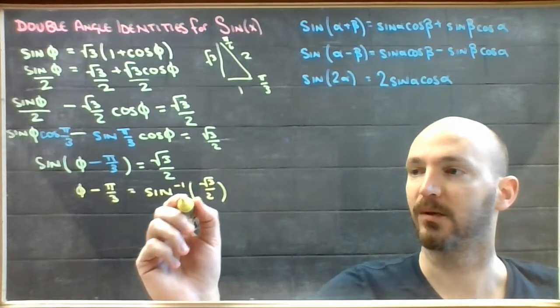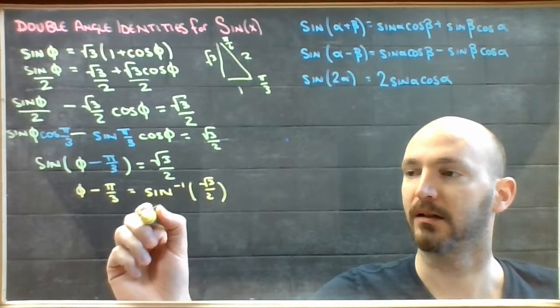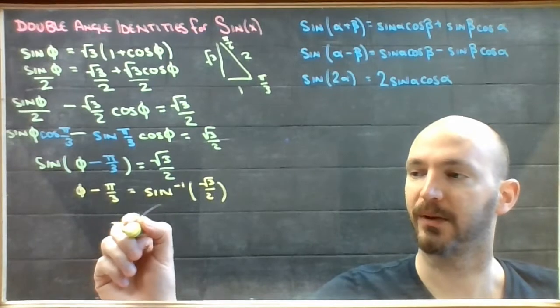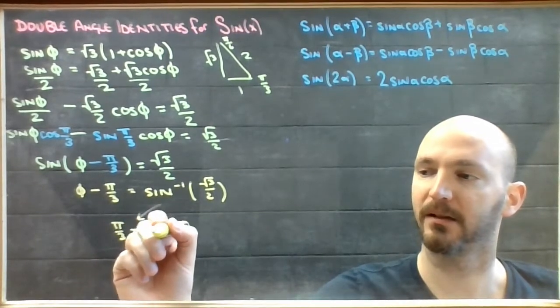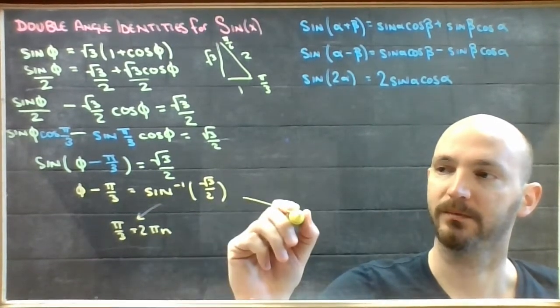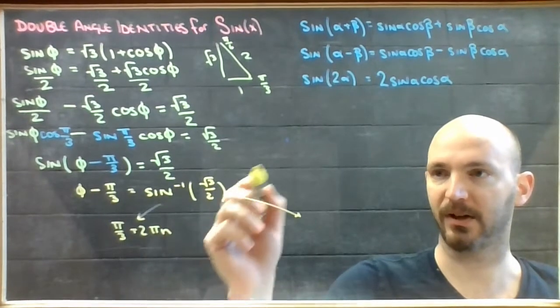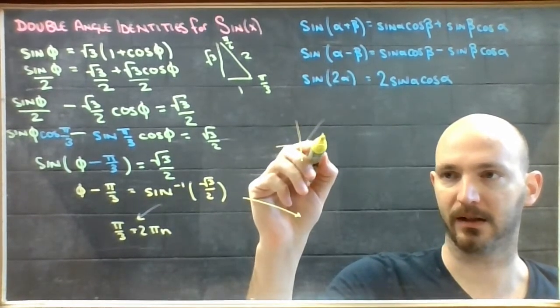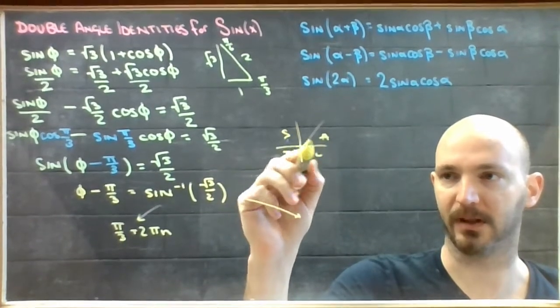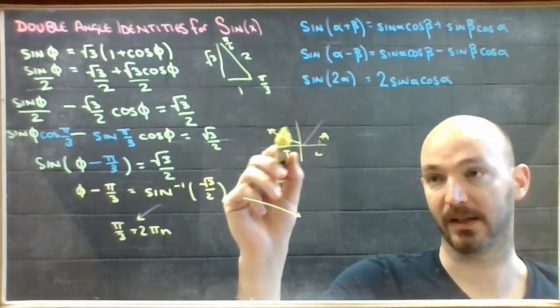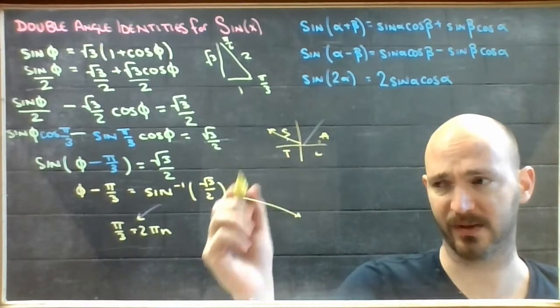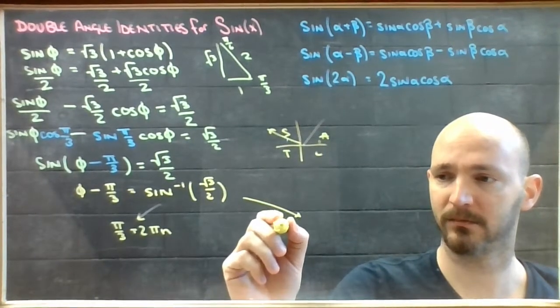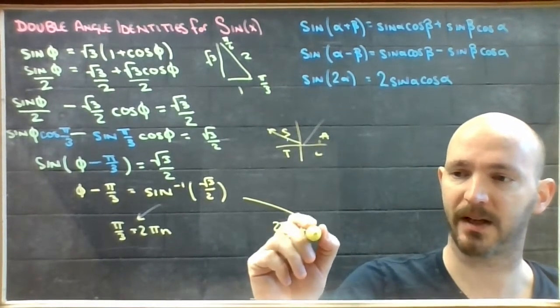So this thing will be pi over 3 plus 2 pi n. Or, let's see, sine ratios are positive here, my cast rule, and here. So that's not quite a full pi, so it'd be 2/3 of pi plus 2 pi n.